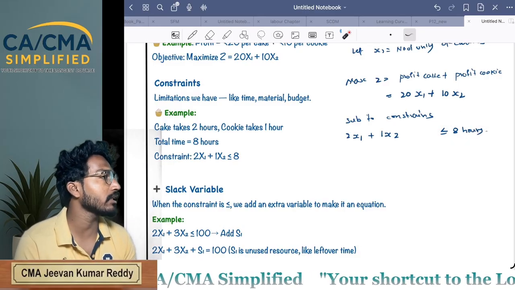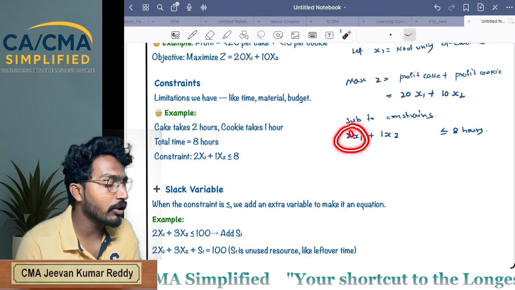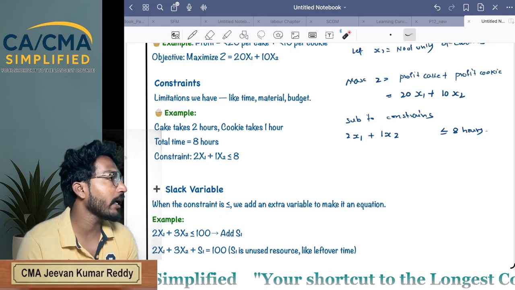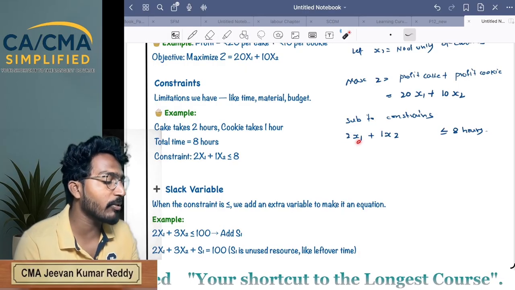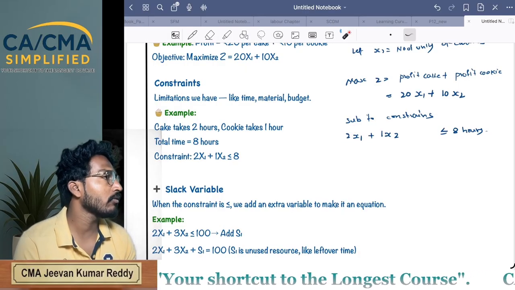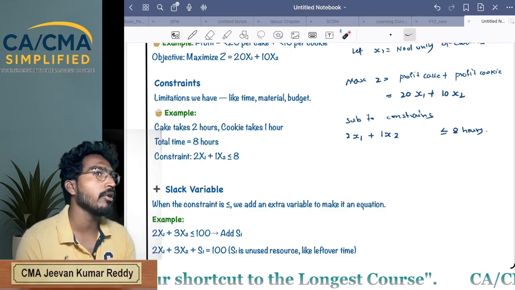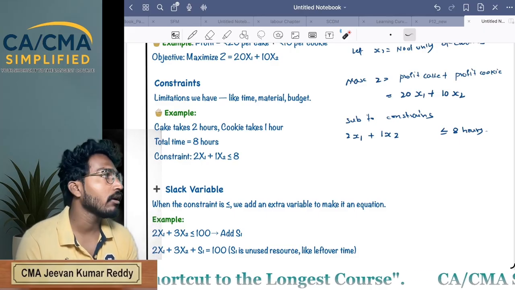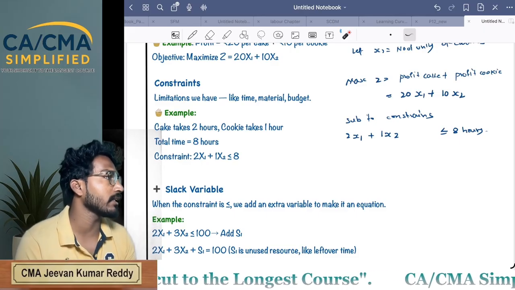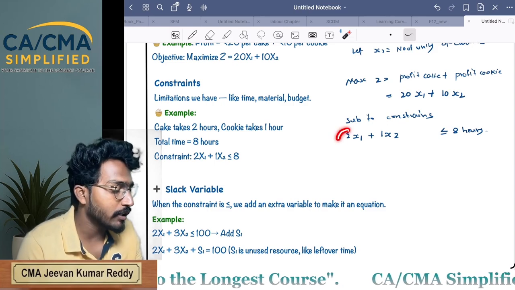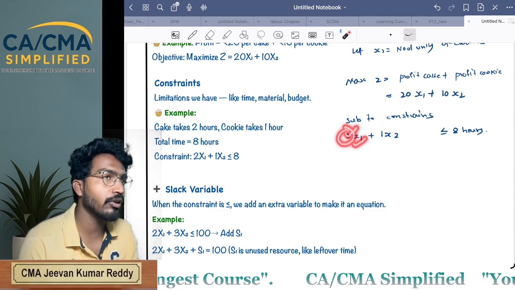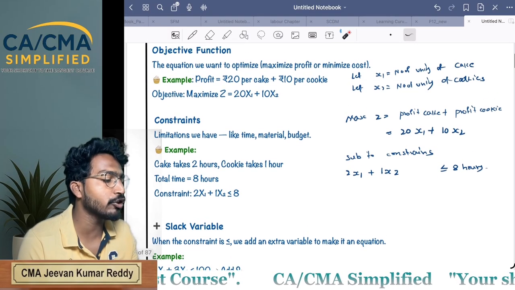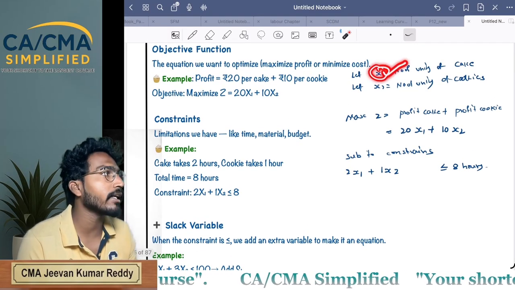How to get the total time consumed for baking cake? Per unit it is consuming 2 hours, into the number of units. You will get the total amount of time consumed for baking total cakes. So that is 2 hours per cake into number of units. You don't know the number of units, we already assumed it as x1.